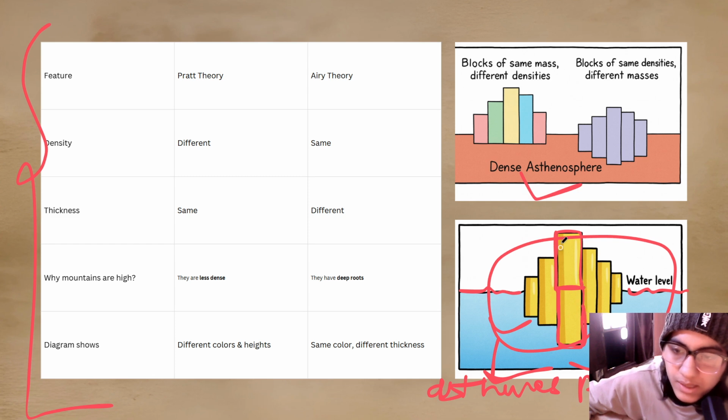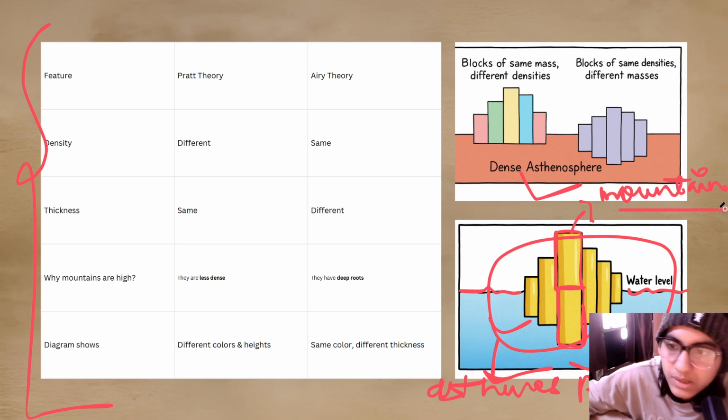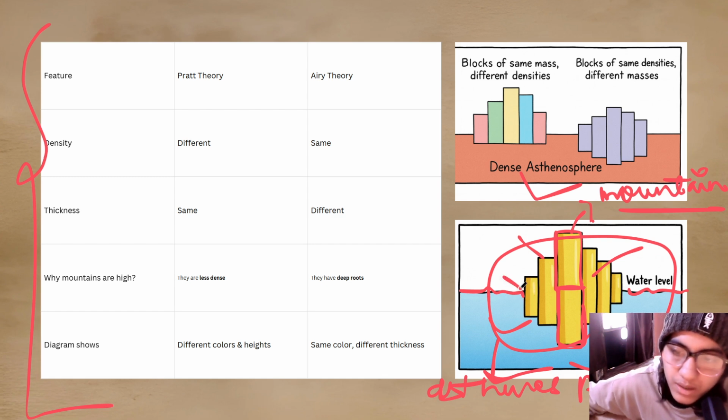This is the mountain, and because mountains are the highest, they have the deepest roots, and these are plateaus or plains, etc. They are not much taller above the surface, that's why they are not deeper below the surface.